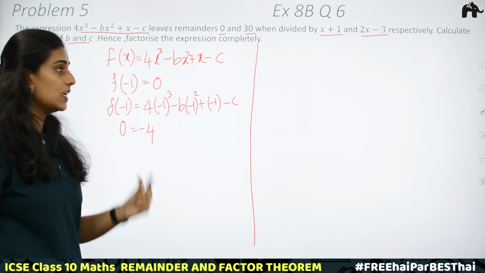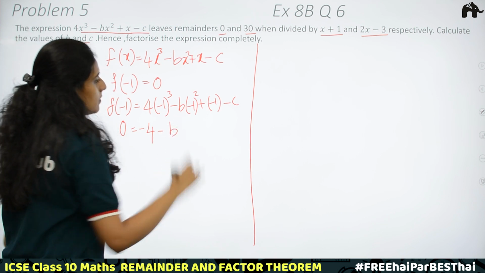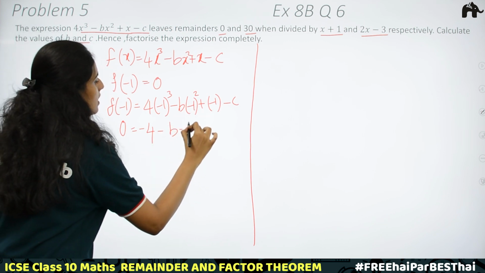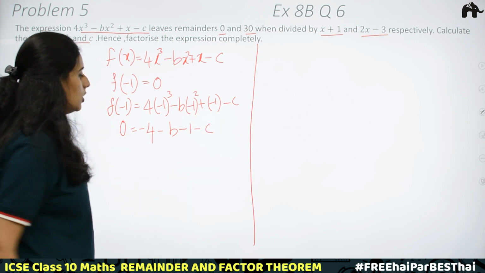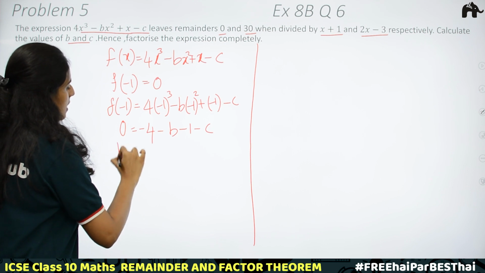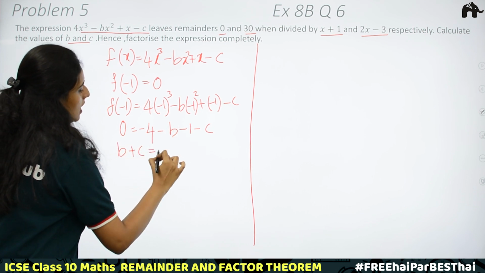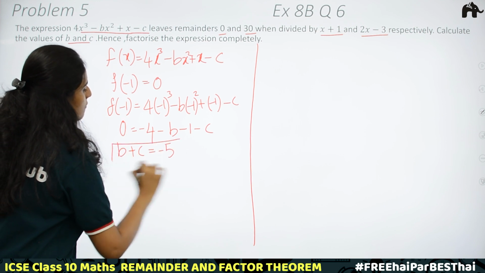Minus 1 square is plus 1 into minus b is minus b. Then you have a minus 1 and minus c. Okay, taking minus b and minus c to the opposite side, it becomes b plus c is equal to minus 4 minus 1, that is minus 5. This is our first equation.